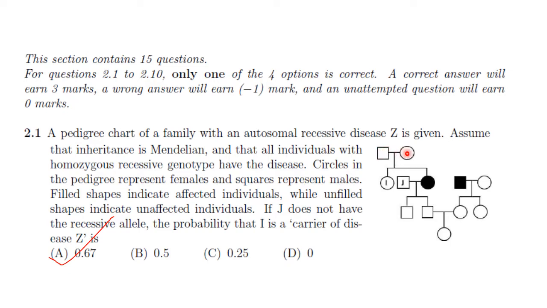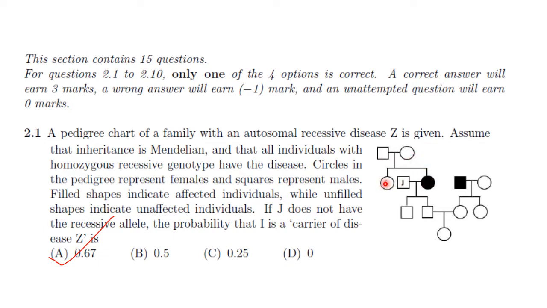Now this is the first generation, they are the parents, and they don't have the disease. But they produce two offspring, one with the disease, this black one, and the other, I, without the disease. Since the disease is expressed in the second generation, in this black colored female, the parents must be heterozygous, that is they should have one capital Z and small z.